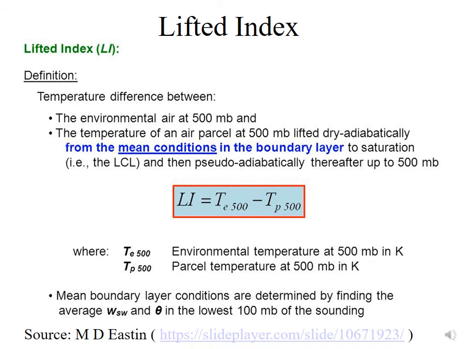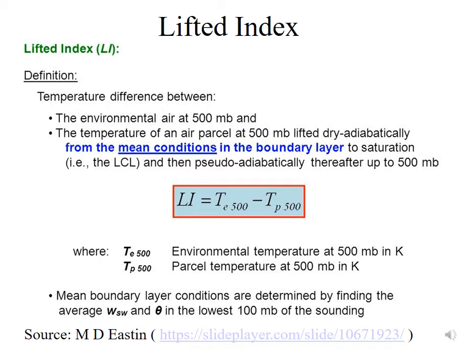Next, we have the lifted index, which is perhaps the simplest of all of these. It looks at the comparison of the temperature of the environment at 50 kilopascals minus the temperature of an air parcel that is lifted from the boundary layer up to the 50 kilopascal layer.